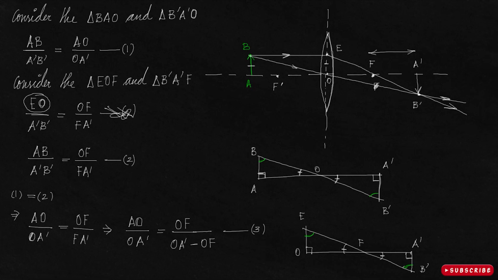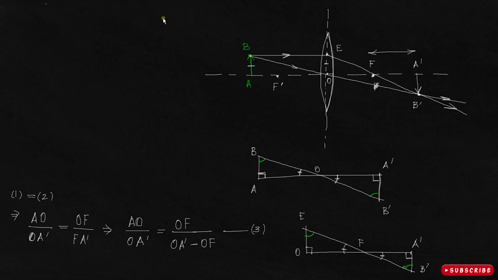Now let me write the different measurements, that is, different lengths such as object distance, image distance, etc. We have the distance of the object from the optic center.